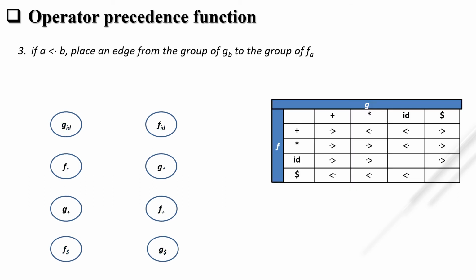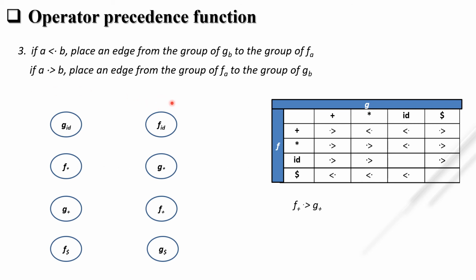So what is our third step? If a is less than b, place an edge from the group of g of b to the group of f of a. Now we have to check. I'm first checking this one. The left hand side is considered as the f function and the right hand side as the g function. I'm starting with the first operator, that is plus.